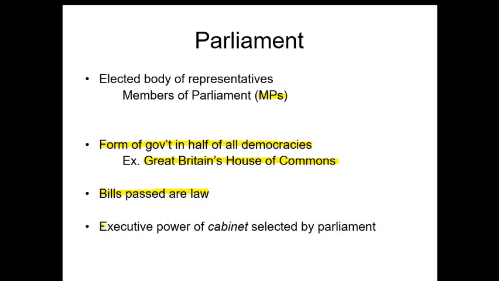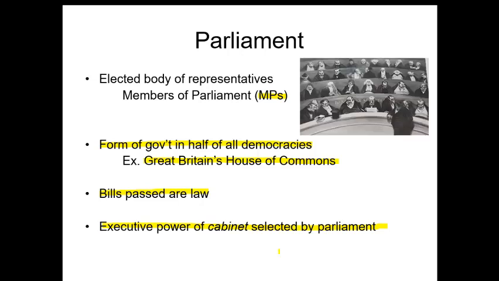The executive power of a parliament is the cabinet that is selected by the ruling coalition, somewhat different from the cabinet that is appointed by the U.S. president and has to be approved by the Senate. Here the cabinet is pretty much put together immediately by the ruling coalition.